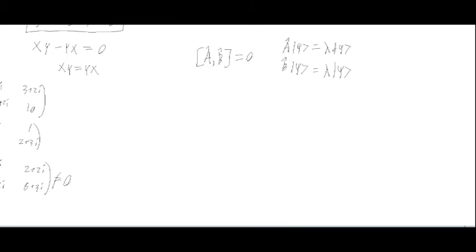It's not necessarily the same eigenvalue, so we can put an a there and a b there, but they have the same eigenfunctions. So these things right here, they have the same ones. And for those eigenfunctions, the physical quantities corresponding to the operators have definite values at the same time.